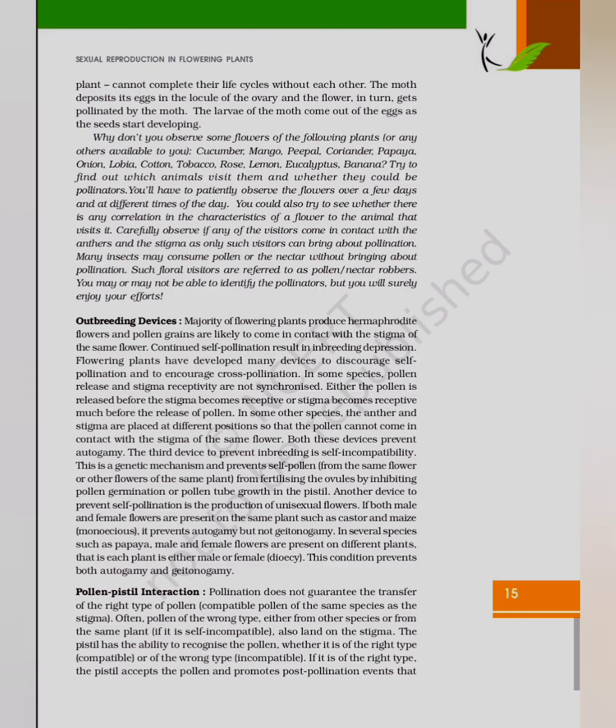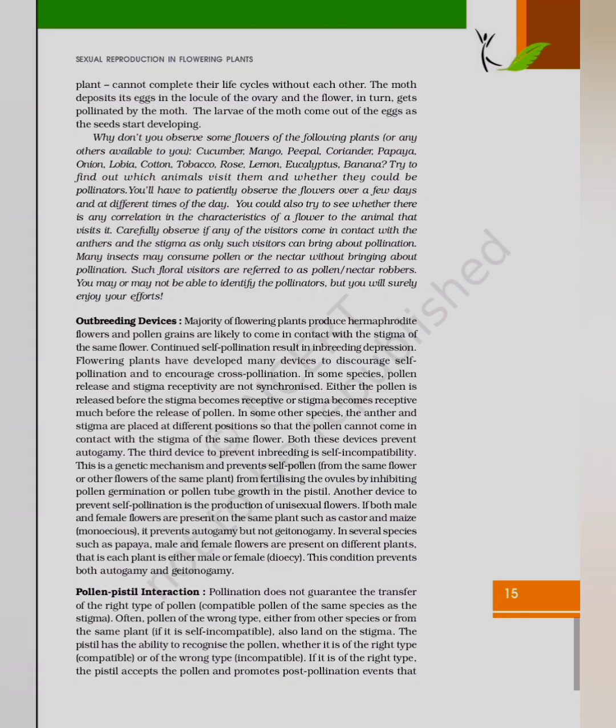Pollen-pistil interaction. Pollination does not guarantee the transfer of the right type of pollen, compatible pollen of the same species, on the stigma. Often pollen of the wrong type, either from another species or from the same plant if it is self-incompatible, also lands on the stigma. The pistil has the ability to recognize the pollen, whether it is of the right type, compatible, or the wrong type, incompatible.